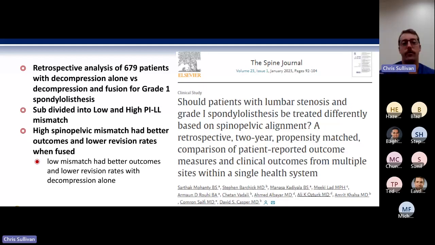Overall, those who had a sagittal malalignment had better outcomes and lower revision rates when they had a decompression and fusion, whereas those who did not have a sagittal malalignment had better patient-reported outcomes and a lower revision rate when they just did a decompression alone and didn't include the higher morbidity fusion aspect in that surgery. So alignment plays a role in lumbar stenosis as well.